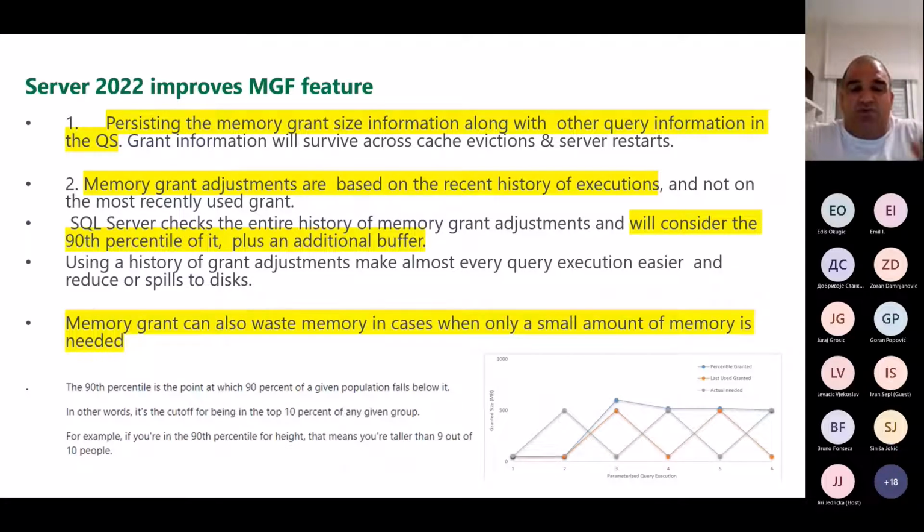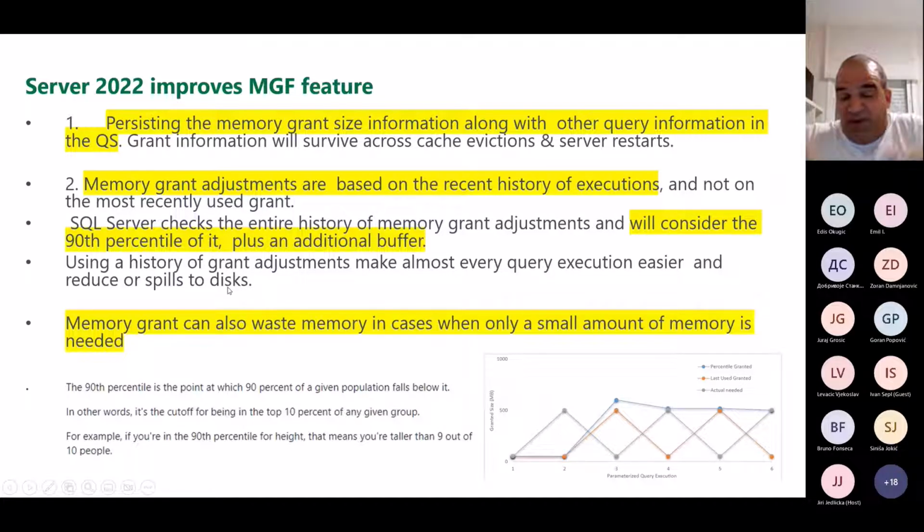So if we want to do the memory grant adjustment, we can use the history in query store. SQL Server checks the entire history of memory grants and we consider the 90th percentile. What is the 90th percentile? It is the point at which 90% of the given population falls below it. In other words, it is the cutoff for being in the top 10% of any given group.